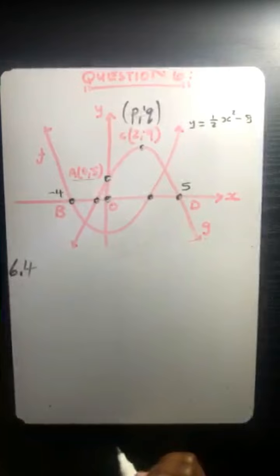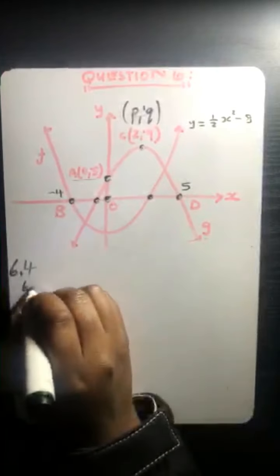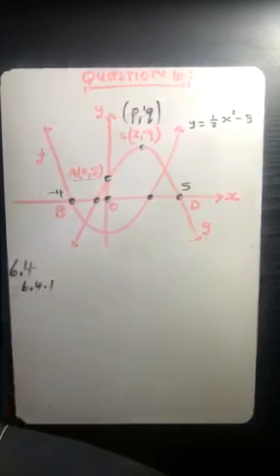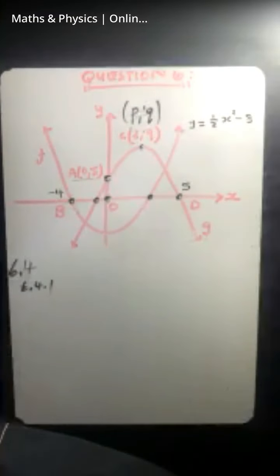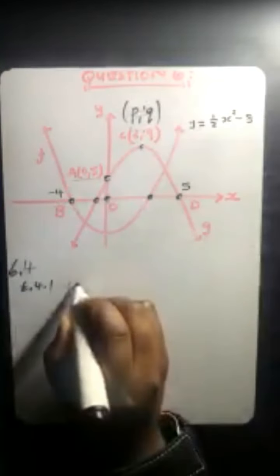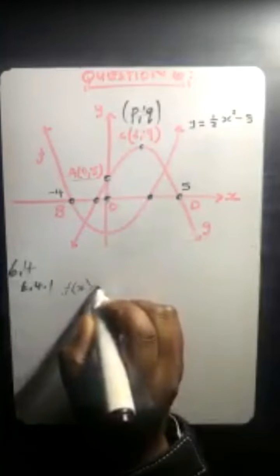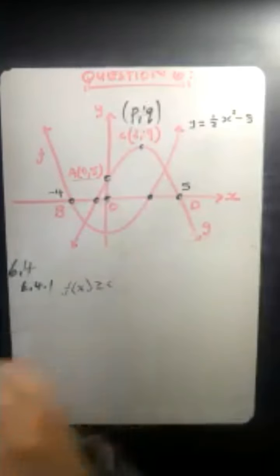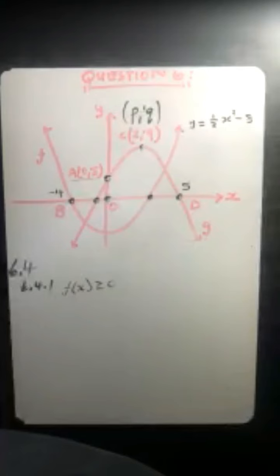So, ladies and gentlemen, I just got an approval that I can move on to the next question, which says use the graphs to solve for x if f of x is greater or equal to 0.